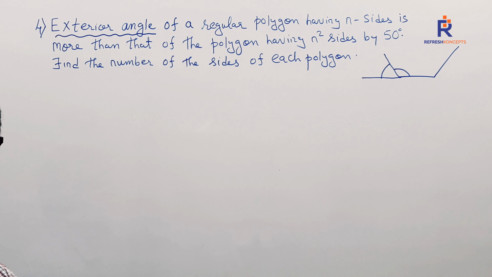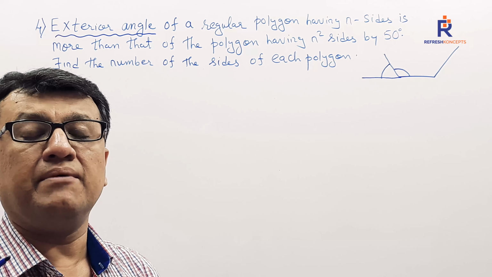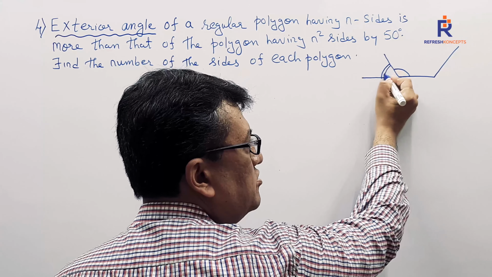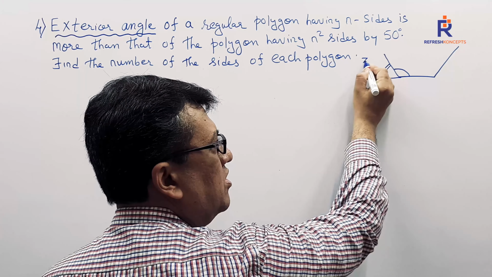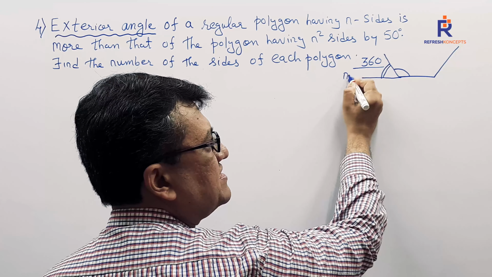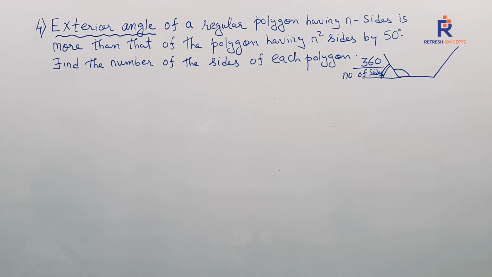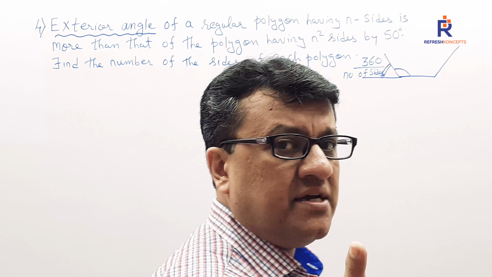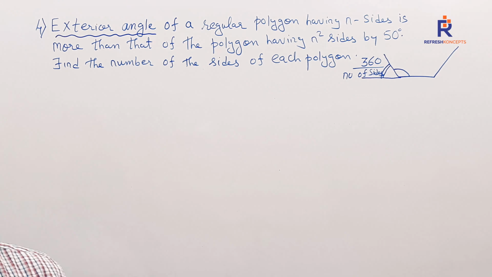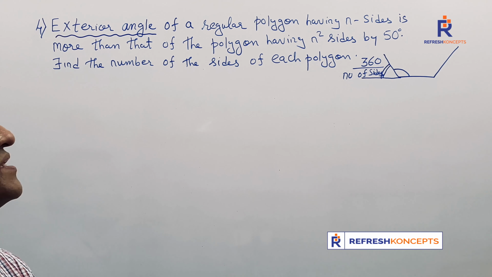Children, the exterior angle of any regular polygon is always given by 360 by the number of sides. This is the geometry property I was talking about, that whenever we deal with word problems based on geometry, we need to know some properties.